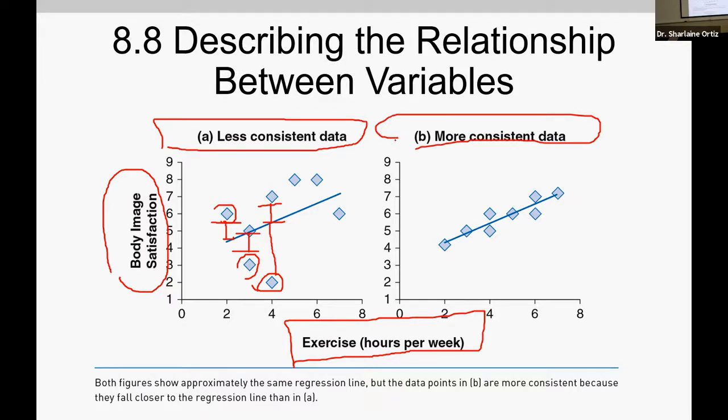In this case, you notice that the distance is actually very small. They're almost on top of each other. Some of them are, in fact, on top of the regression line. So the distance here with more consistent data has been minimized. We don't have observations that are far away from my line.